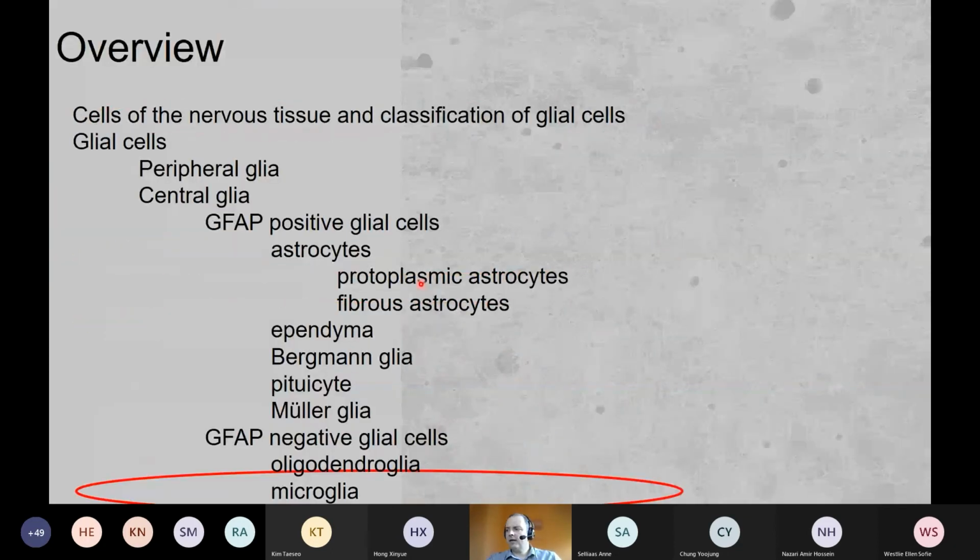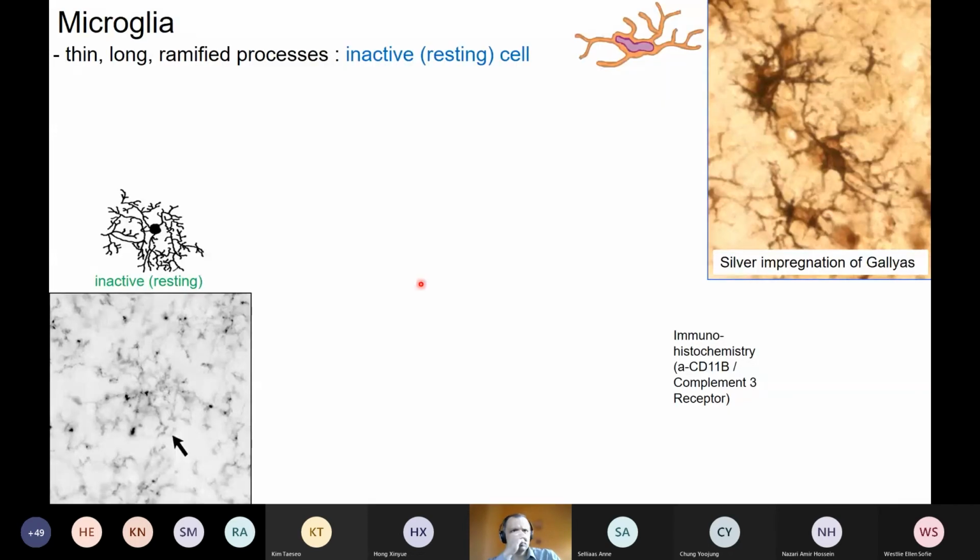And then finally, I would like to talk about the microglial cells. Microglia is a topic that could be an independent lecture. So the microglial cells look very different from the earlier discussed glial cells.